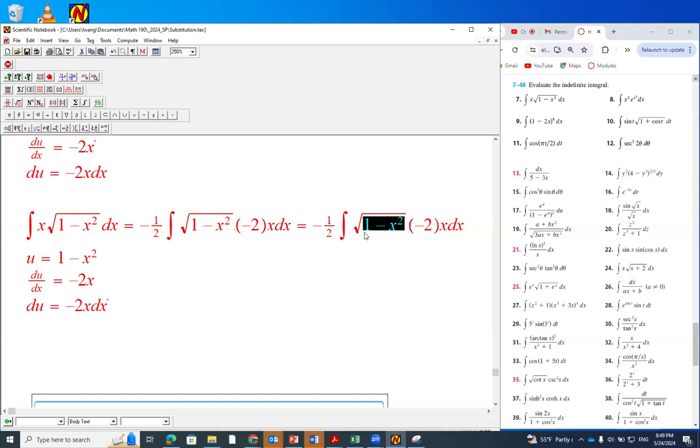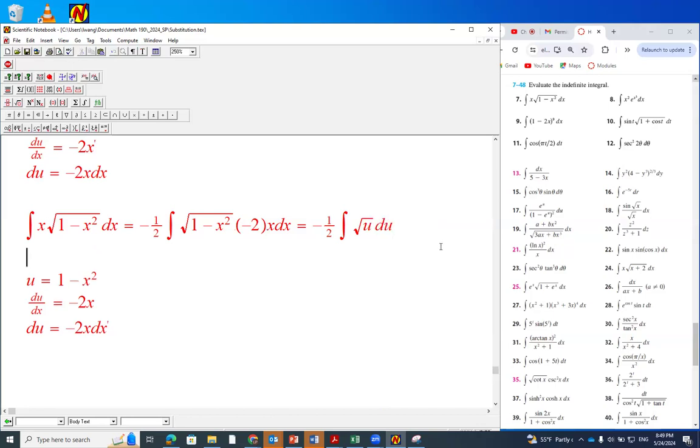So this piece is u, and this piece is du. Almost done. So what is the antiderivative of it? We keep the negative half, and we use the power rule.